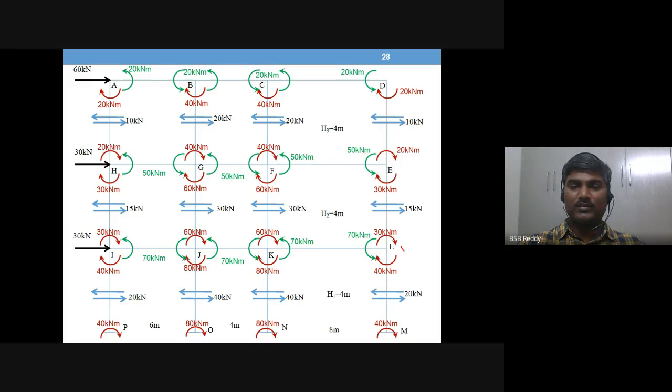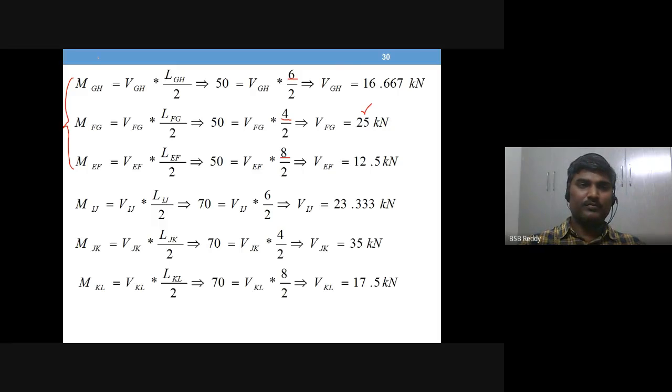Among them, again, there are three independent beams like AB, BC, CD. Beam AD is a continuous beam. It consists of three spans, AB, BC, CD, right? That's how you can call it. So HG, GF, and FE, the middle one, GH, FG, EF. Okay, so 25.